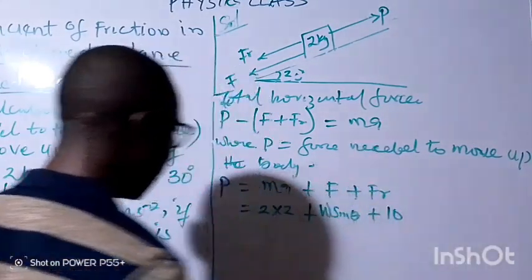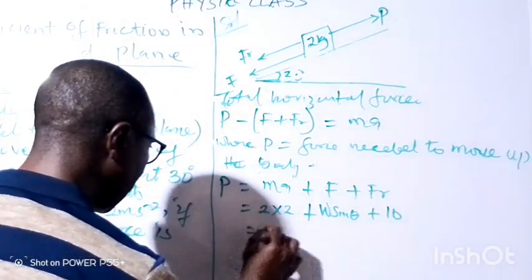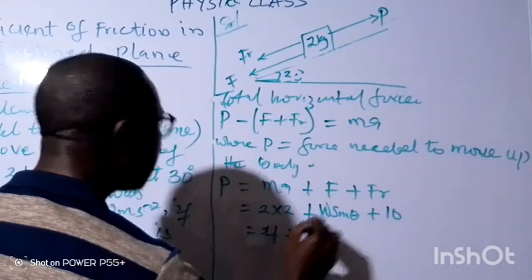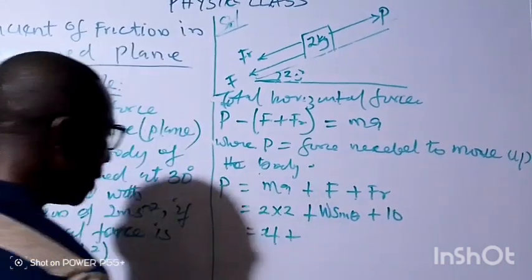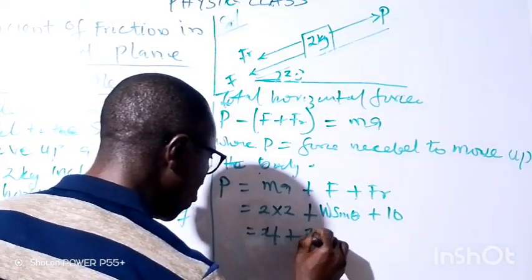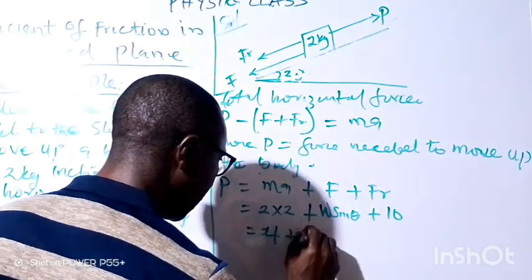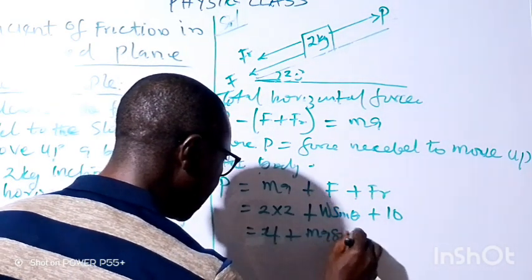So this will give us 4 plus our W, don't forget, is mg. That's 2 multiplied by 10, mg sine theta plus 10.